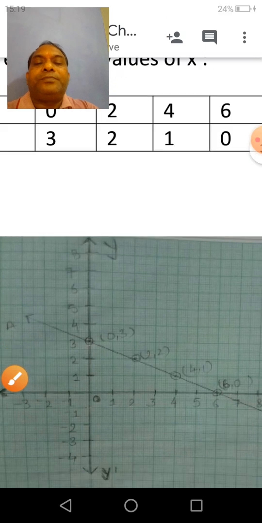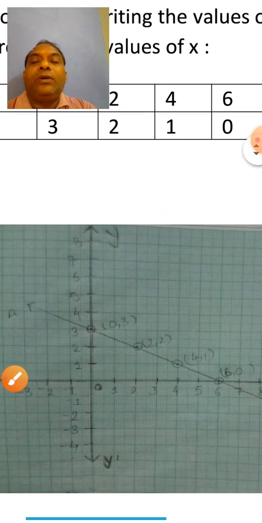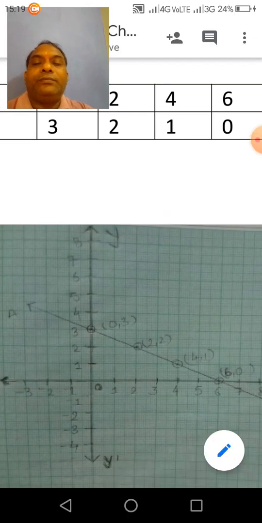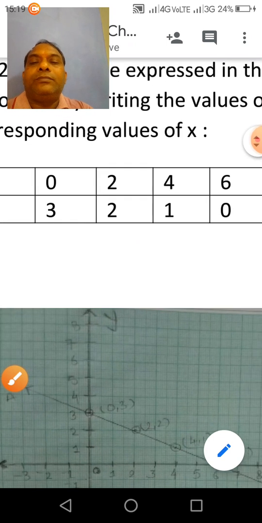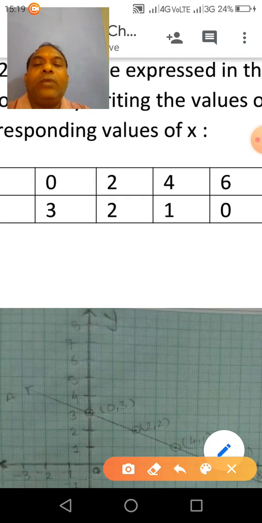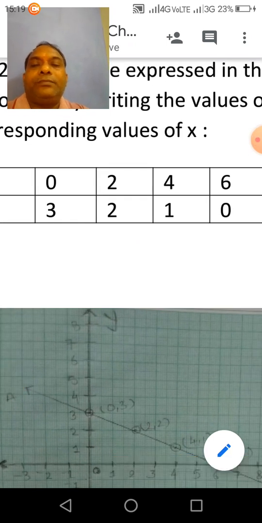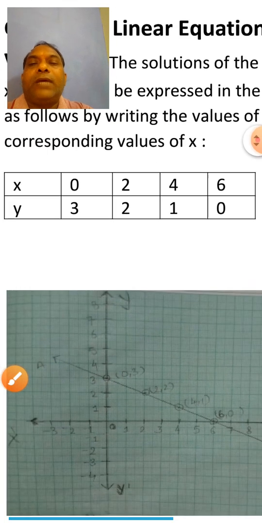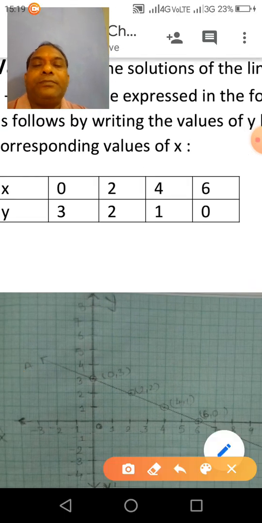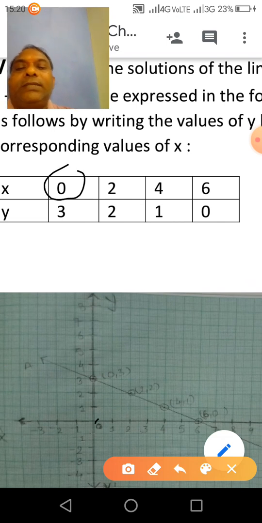Now to plot the graph, according to this table, x is equal to 0. So x is 0 is here. Clear? Then y will be 3. So here 3.